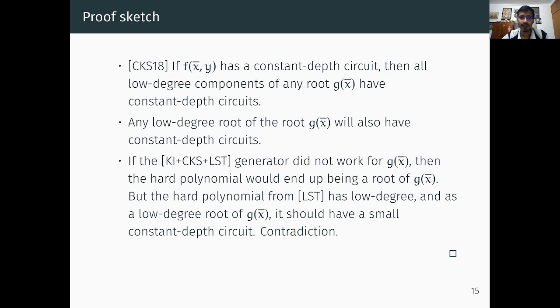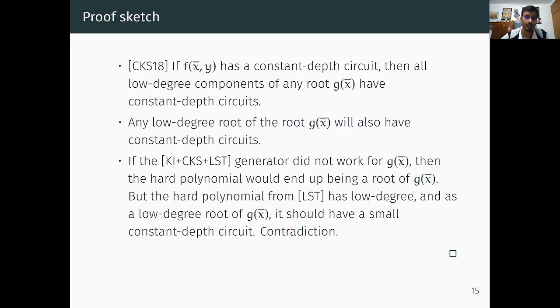Now finally, by way of contradiction, if the specified generator did not work to preserve the non-zeroness of this root G(x), then by the usual Kabanets-Impagliazzo hybrid argument, you can show that the hard polynomial from LST would end up being a root of this polynomial G(x).